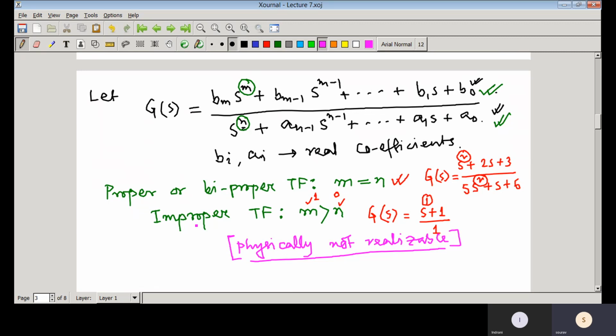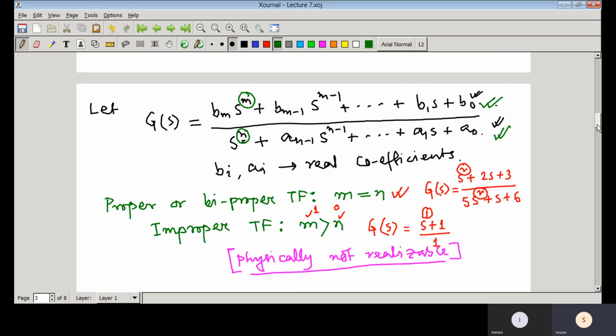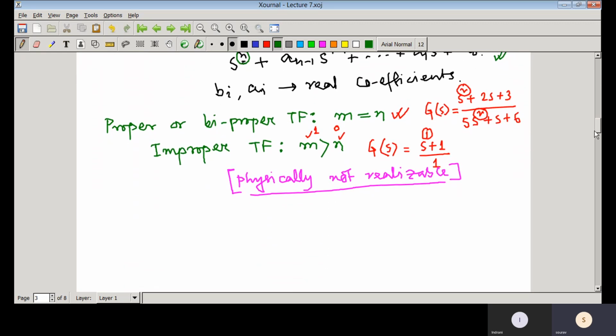So in engineering, in control systems, whatever transfer function you take, you take either proper or strictly proper, which I am going to define now. You should not go with an improper transfer function because physically it is not realizable.